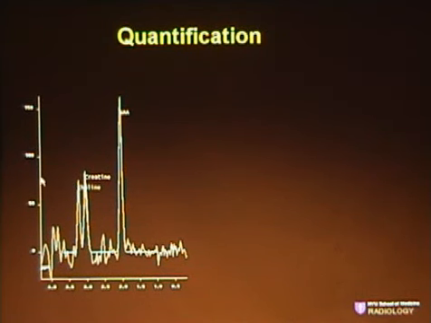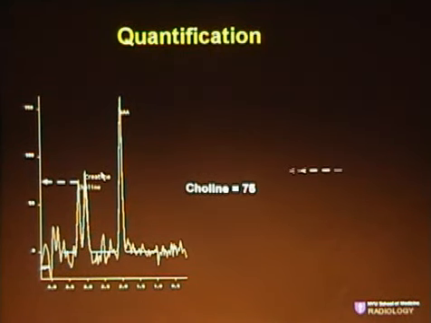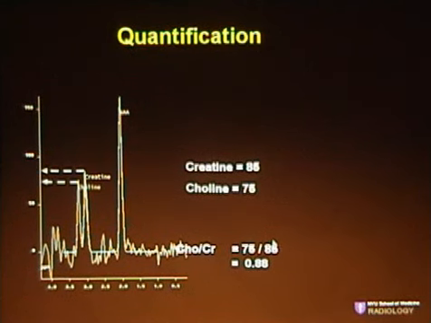So on the Siemens scanner, if you want a choline to creatine ratio, you can put a line across here and see that the choline level is 75, the creatine level is 85, so the choline to creatine ratio would be 75 divided by 85, which is 0.88. Now, if you're using some of the other scanners, say you spent $2 million buying a scanner that didn't give you the scale, I would go out and spend $1 buying a ruler.